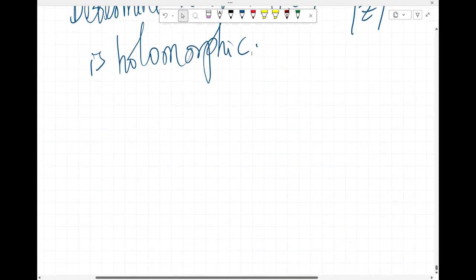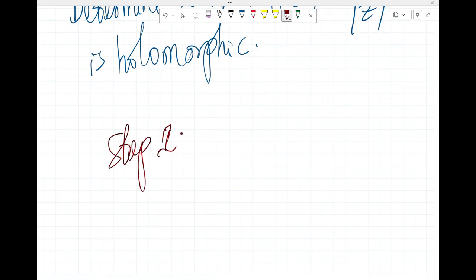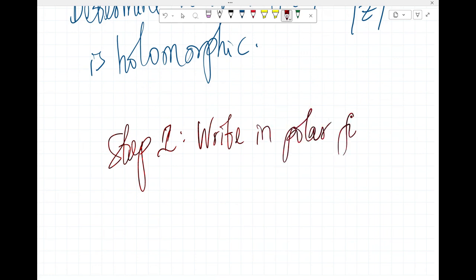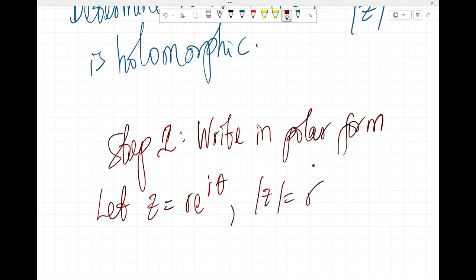Step one. So the first step here is we can write this in polar form. Polar form makes things easy when they look complicated like this. So you're letting z be r e raised to the power i theta, for absolute value of z equals r.